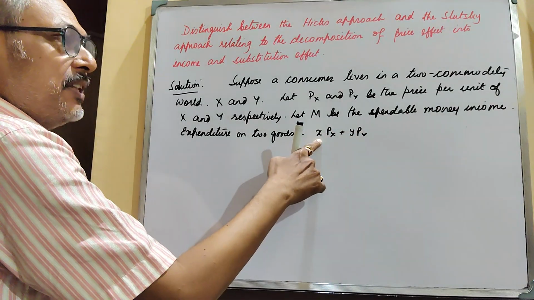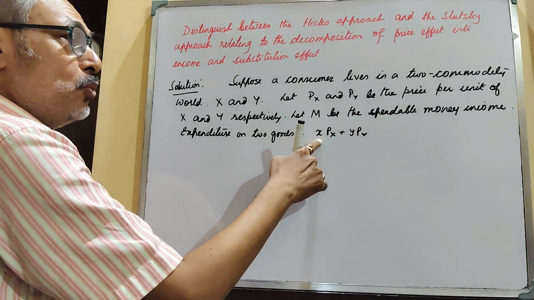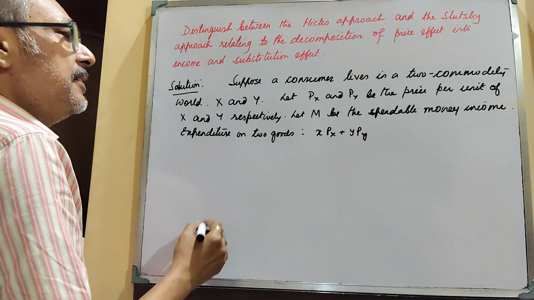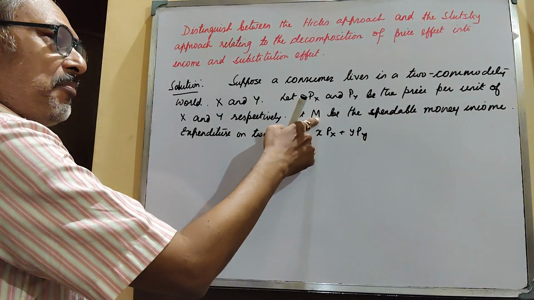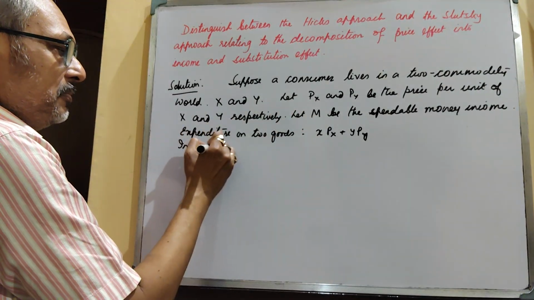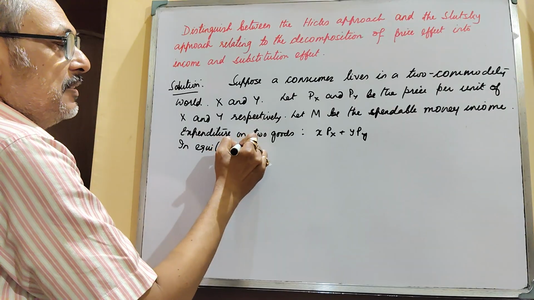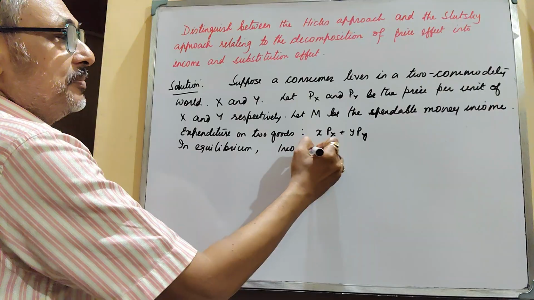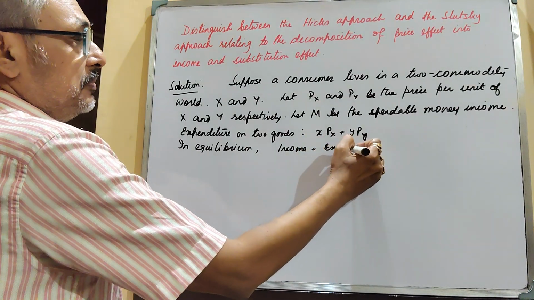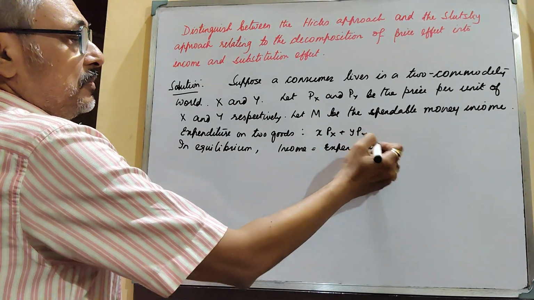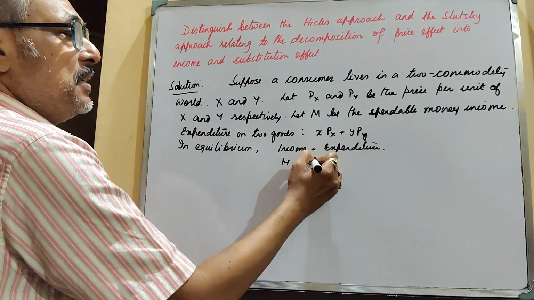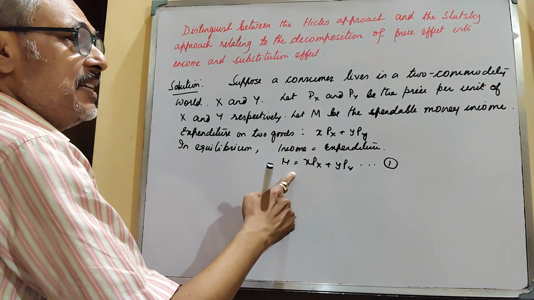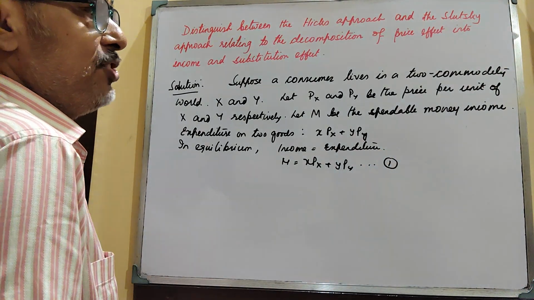This X shows the quantity demanded for commodity X. Now, in equilibrium, income equals expenditure. That is M equals XPx plus YPy. This is equation number 1. This is known as the budget constraint of the consumer.